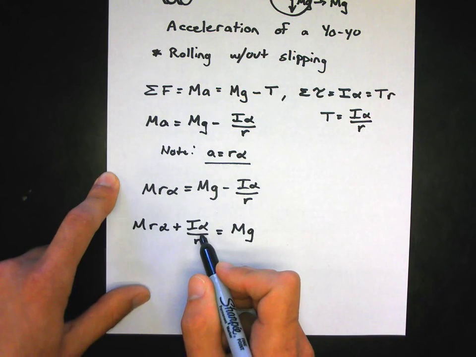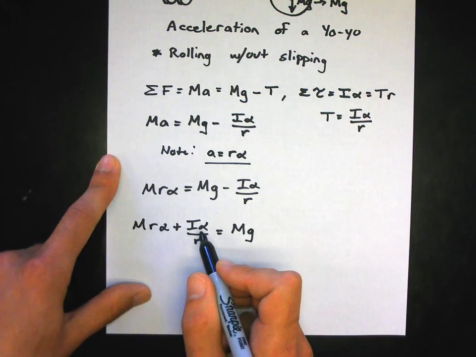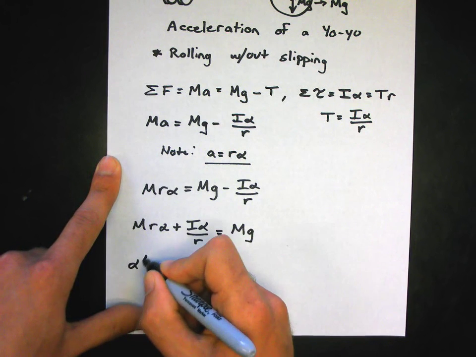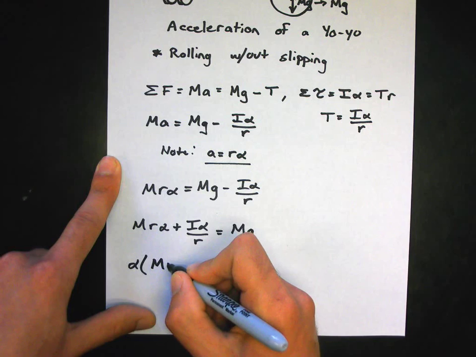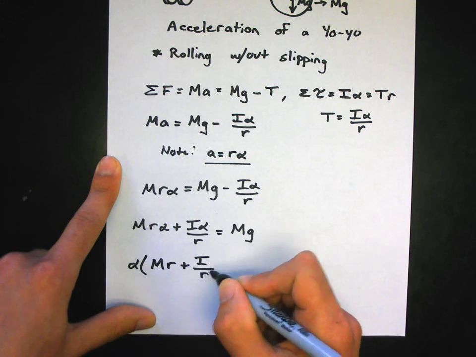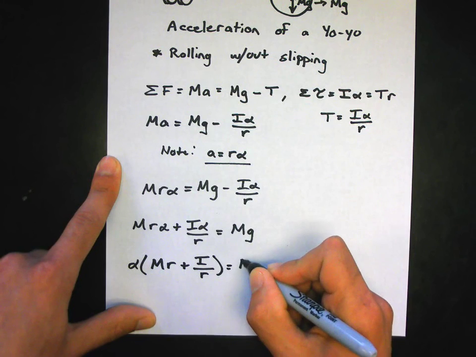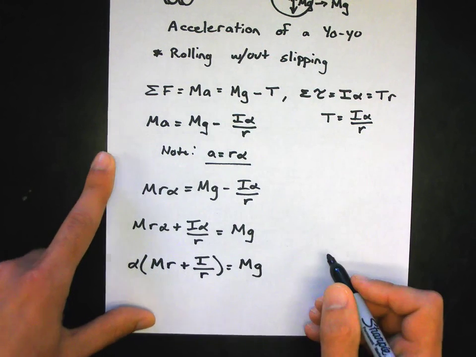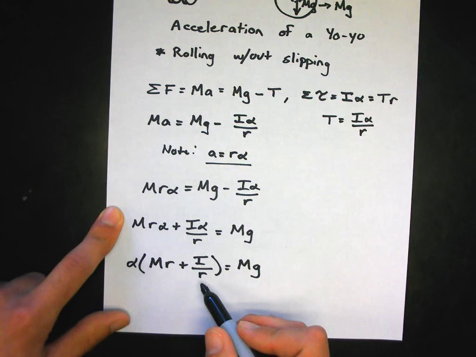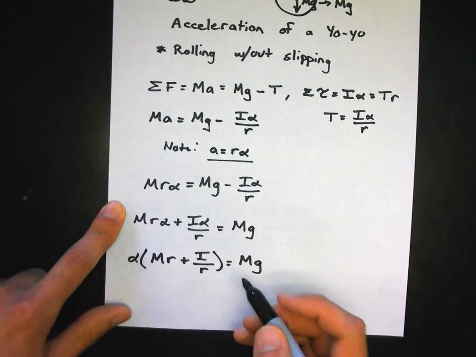Now, to isolate that angular acceleration, I want to factor it out. So factoring, we get alpha times (mr plus I over r). And it still equals that mg. Then, solving for alpha, I want to divide by (mr plus I over r).